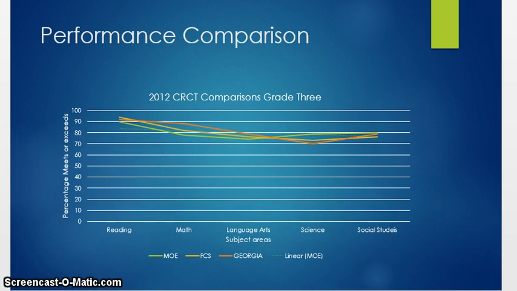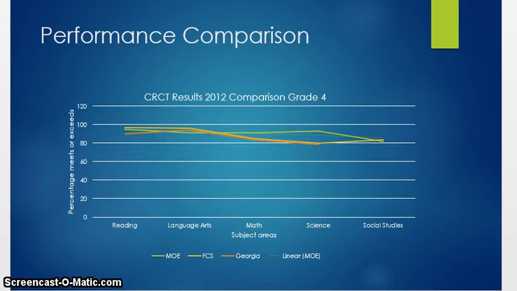Georgia seems to have increased in math and language arts, and then the state actually dropped in gains for science, where Manning Oaks had an opposite trend increase in 2012.